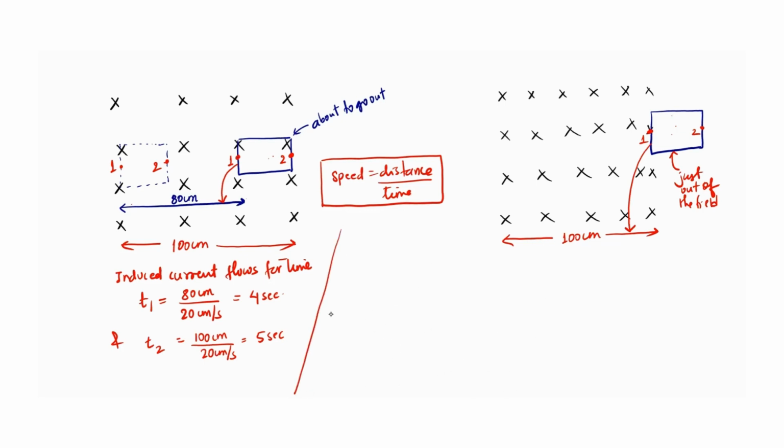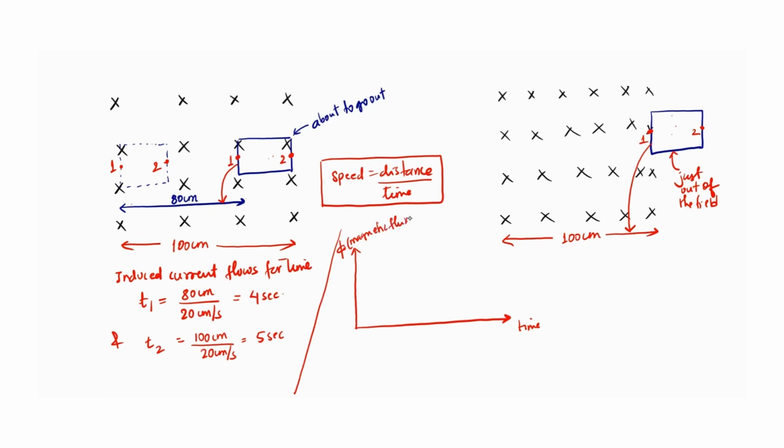We are asked to plot a graph showing the variation of magnetic flux as a function of time and induced EMF as a function of time. So let us plot a graph between magnetic flux and time. So we have time, and we have magnetic flux.